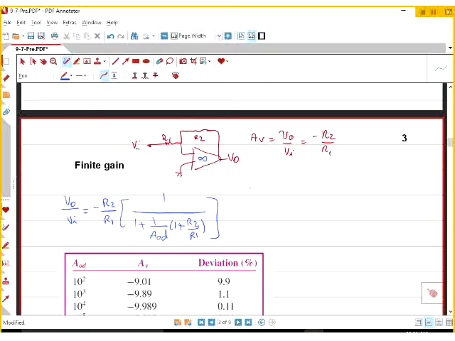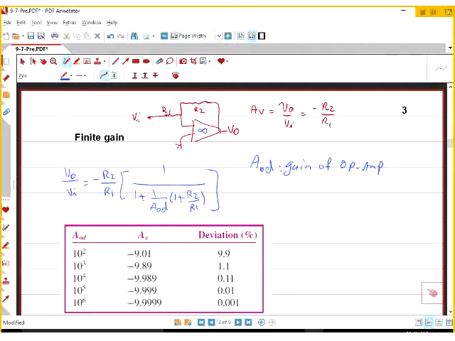And AOL is the gain of the op-amp itself. It's called the open loop gain. So for example, if you have a gain of minus 10, and if your R1 is 10K, your R2 has to be what number? 100K, right?